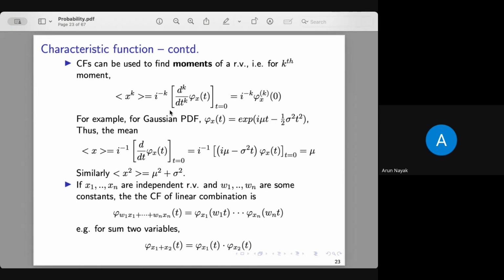So if you take an example, for the Gaussian case, the characteristic function is given as exponential of i mu t, where mu is the mean of the PDF, minus half of sigma squared t squared, where sigma is the standard deviation. Then if you want to find the mean, you take the first derivative, do this calculation, and it comes out to be i mu.